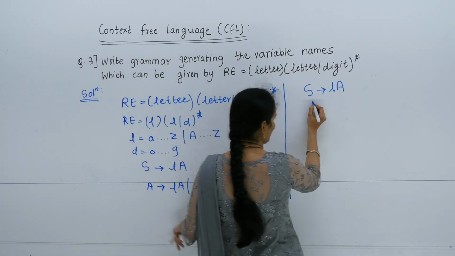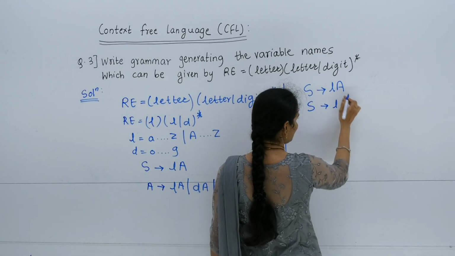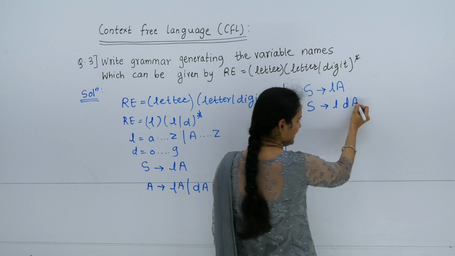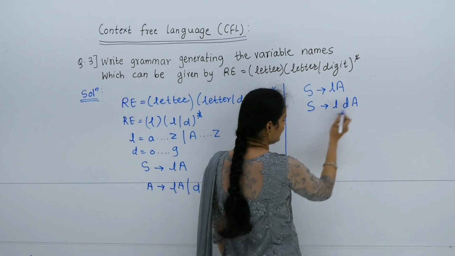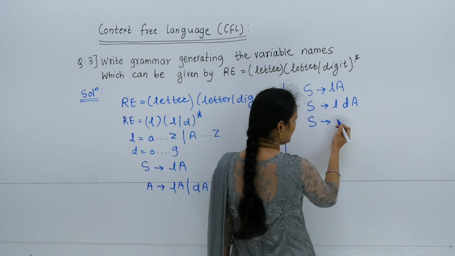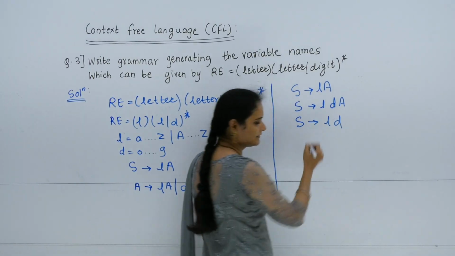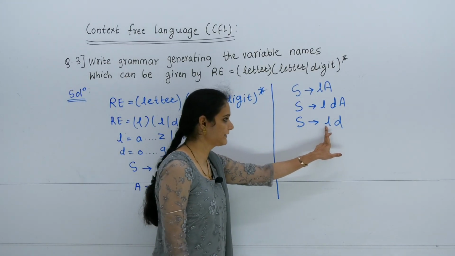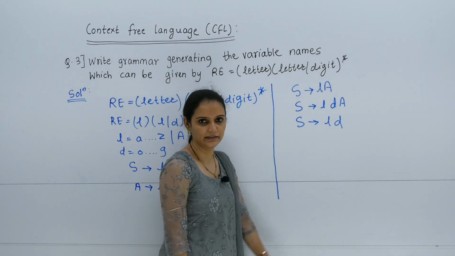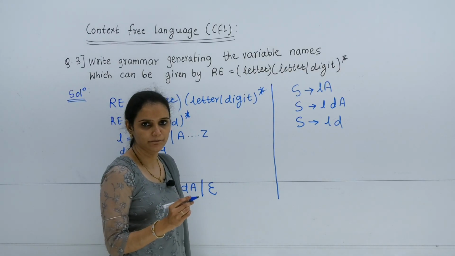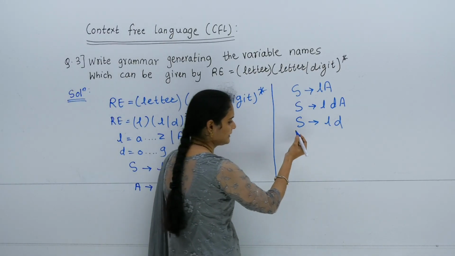So suppose that A will be replaced by DA and lastly that A will be replaced by null. So a letter can be followed by a digit.